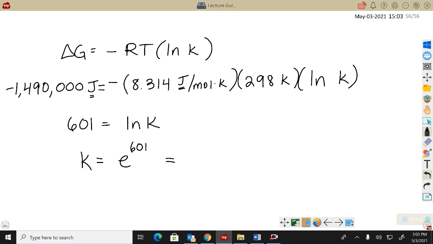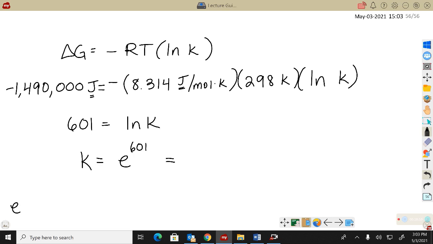Where is the limit on my calculator? Can I go e to the 401st power? Nope. Okay, what about e to the 301st power? Nope. Can I go e to the 300? Nope. Okay, so I'm running into a roadblock here, and my calculator is saying an error overflow.